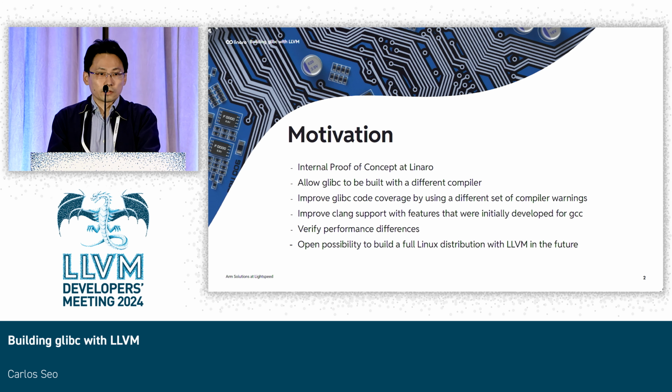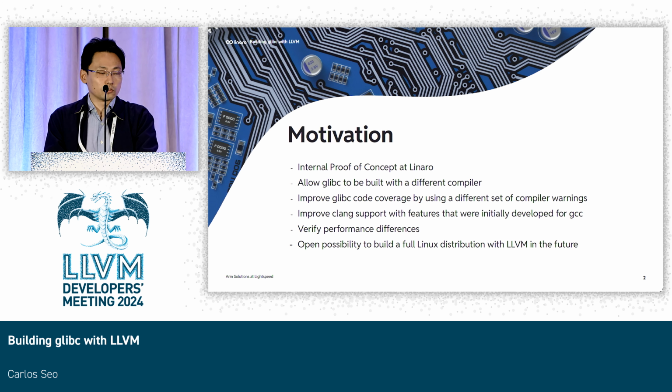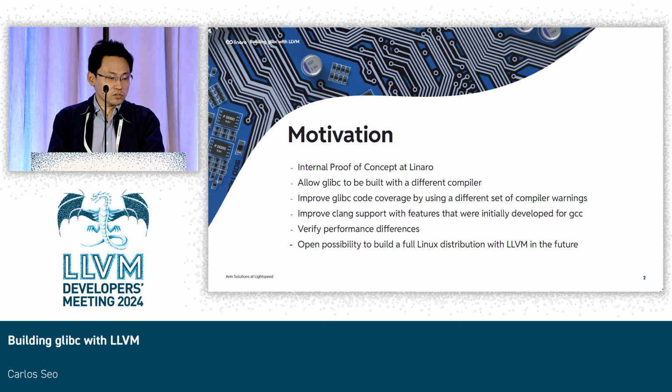We also wanted to improve clang by adding features that were initially developed for GCC. And we wanted to verify any performance difference in glibc between the two compilers. And since glibc is a dependency for many Linux packages, we wanted to open the possibility in the future to build a full Linux distro with LLVM.